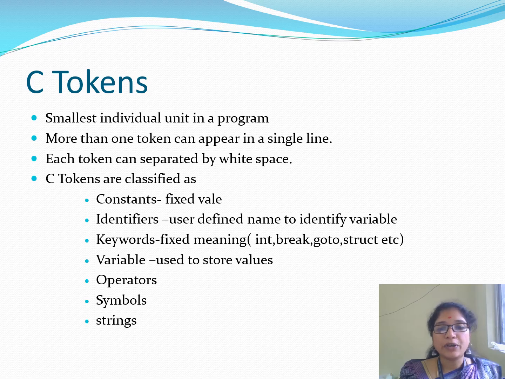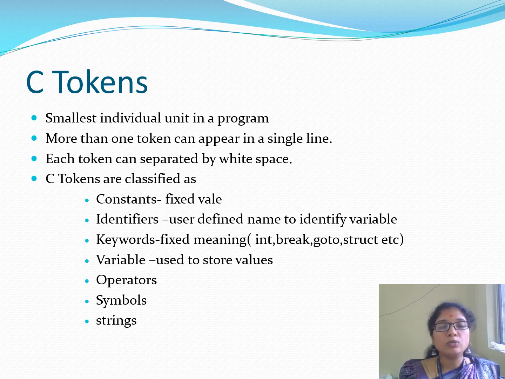And then identifiers. An identifier is a user-defined name to identify something. The identifier may be a variable name, function name, or array name; it can be anything, and they are all identifiers. And then the keyword: in C programming there are 32 keywords in total. They are all reserved words.